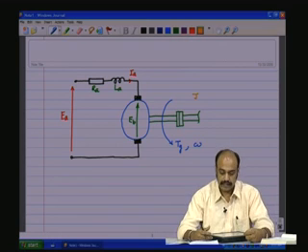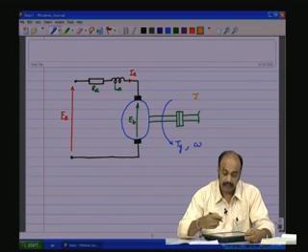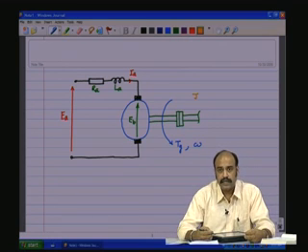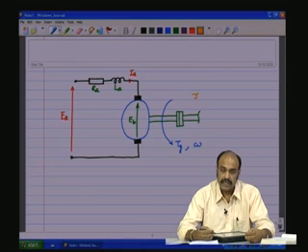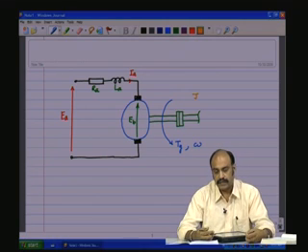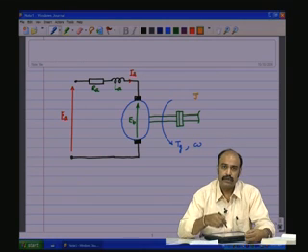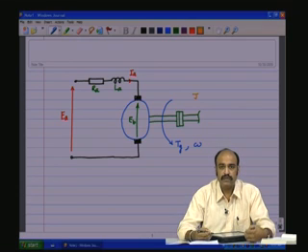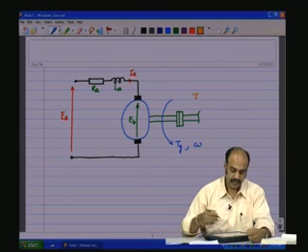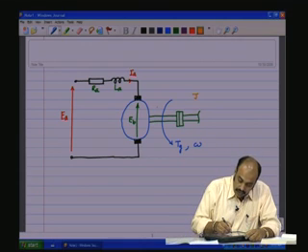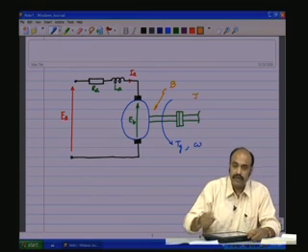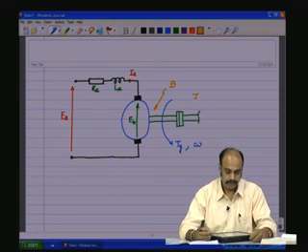Therefore, J, the inertial parameter, is similar to L, the inductive parameter, and the state variable in the mechanical domain involved with J would be omega, the speed. There could also be at the bearings some friction associated, and we will call it friction B.